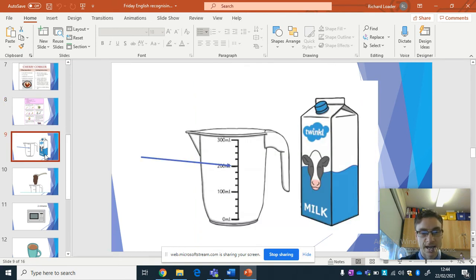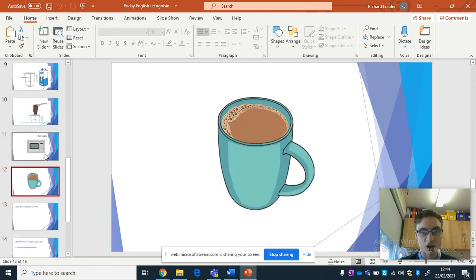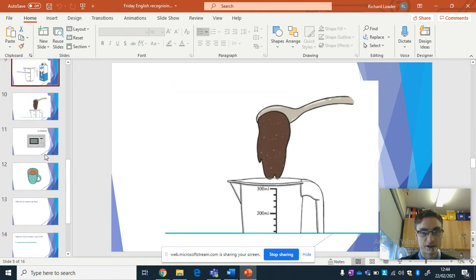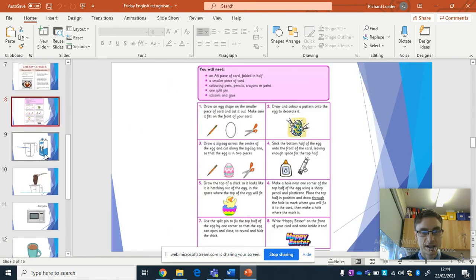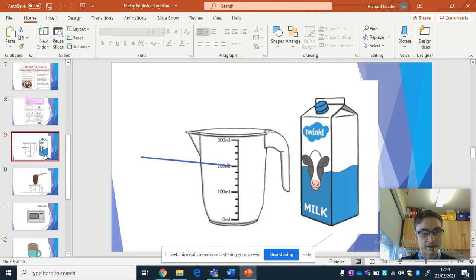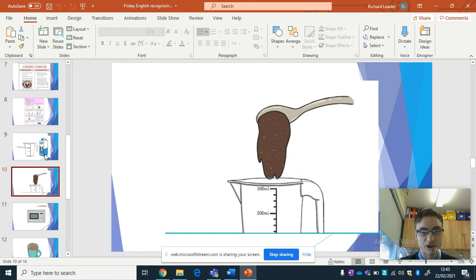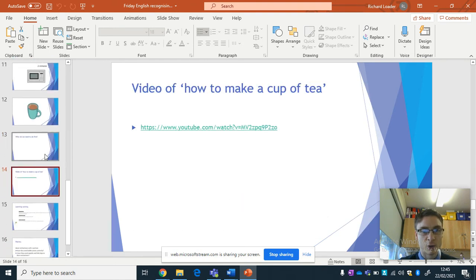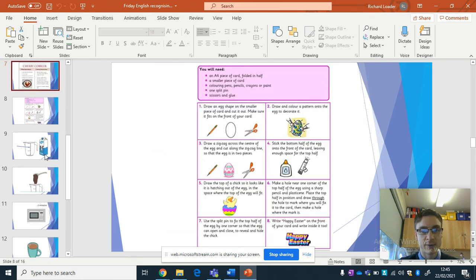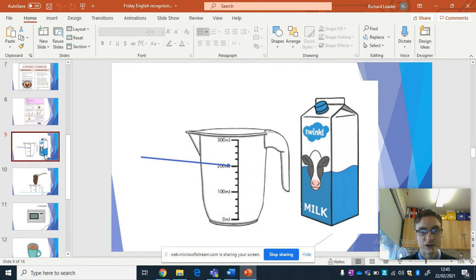Okay, so here's instructions for making a hot chocolate. Now obviously it's got the things that you will need using the pictures. So what I would like you to do is think about the things that you need to make a hot chocolate. Okay, so pause the video.